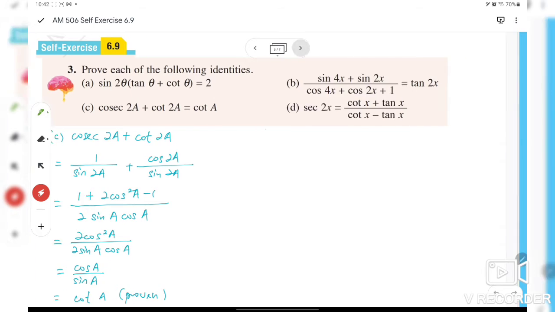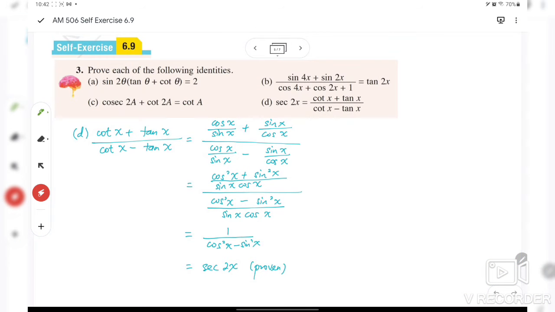Proven. D. Secant 2x equals cotangent x plus tangent x over cotangent x minus tangent x. Start from the right hand side, so that we can change the cotangent and tangent into sine and cosine.